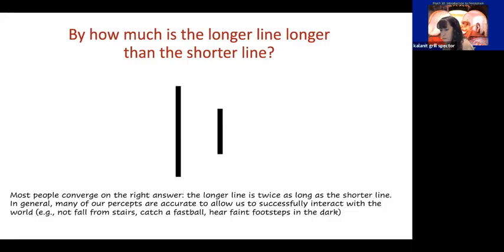In the first illusion, I asked you to judge lengths, and it's pretty typical that most people will converge on the right answer, which is that the long line is twice as long as the short line. In general, having accurate percepts is useful because it allows us to successfully interact with the world. For example, not fall from stairs or catch a fastball or hear very soft sounds.